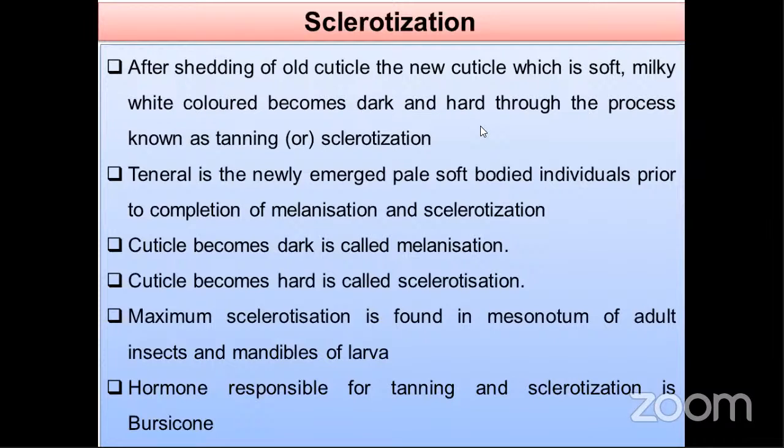If you observe the life cycle of an insect, the caterpillar is the first instar, then there is the second instar. The newly formed second instar we call newly emerged, and later it becomes hard.